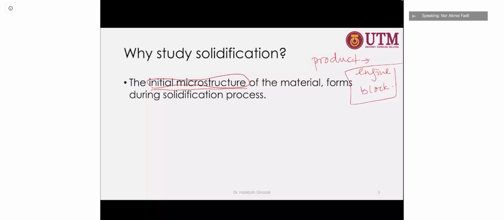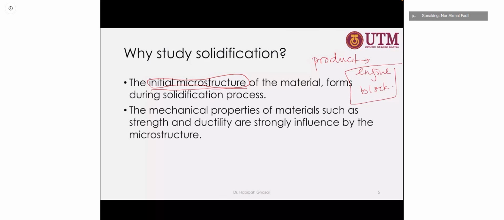So you need to understand what the first microstructure is that you want. By controlling the solidification process, you will get a specific microstructure. If that microstructure is the one you want, you can keep it as it is. If you don't want that microstructure, you may need to do a post treatment process.